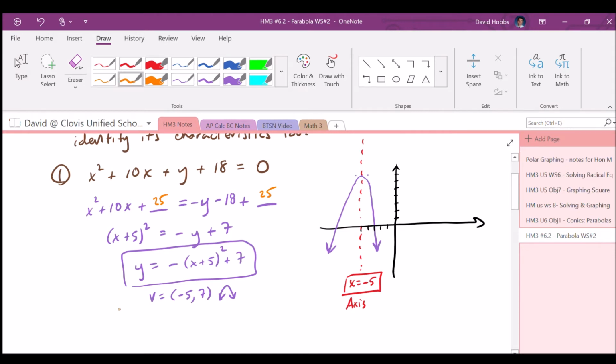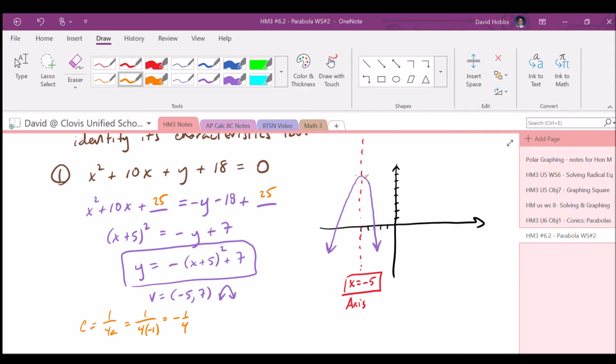Let's remind ourselves for a parabola, c equals 1 over 4a, and the a value is negative 1. Technically we can do the absolute value of a, so 4 times just a positive 1, or you could do it with a negative 1, and that gives you direction. So c is negative 1/4, and it tells me I have to go in a negative direction to go from the vertex to a focus.